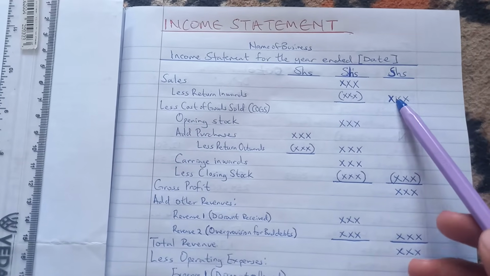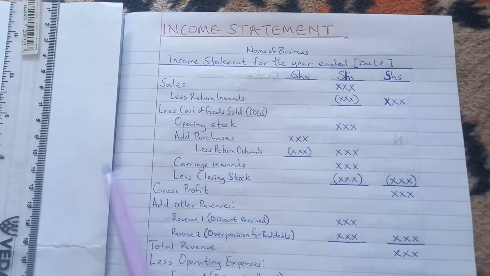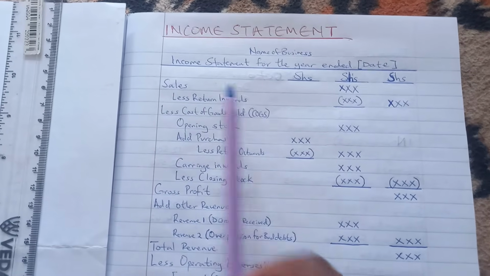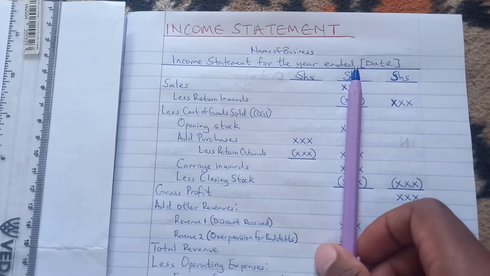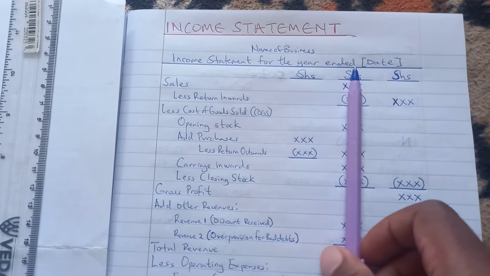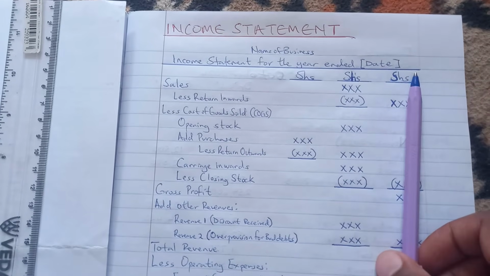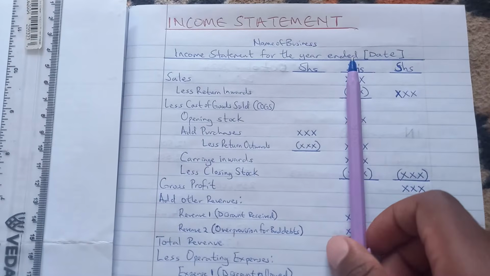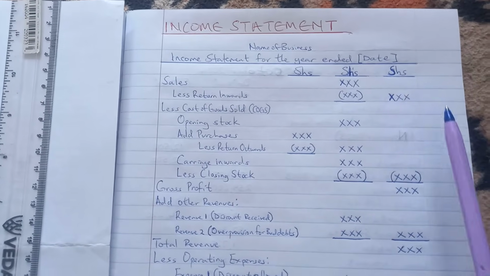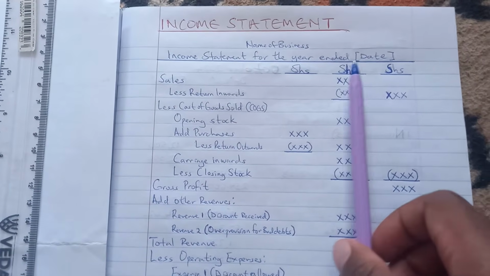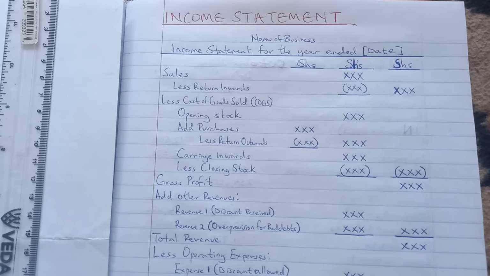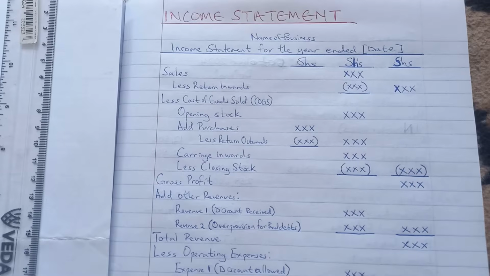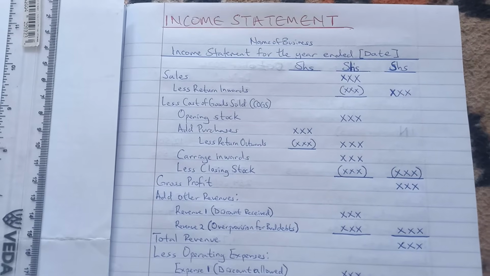Now if you look at it, it has 4 columns. It has the details, then currency columns, which are 3. Normally the currency columns are 2, and they just help us in making our work look neat. Basically that's it.